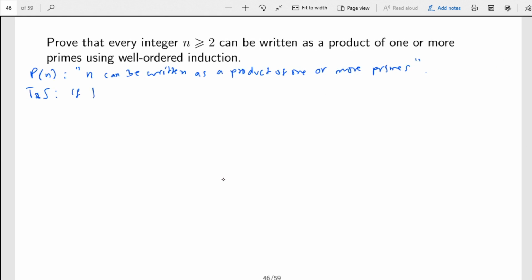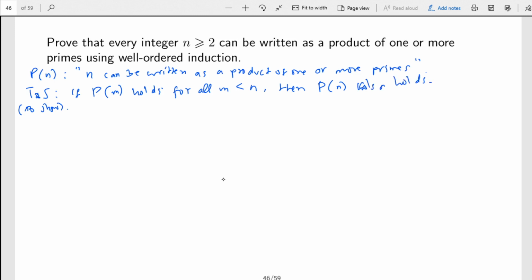if P(m) holds for all m less than n, then P(n) also holds.